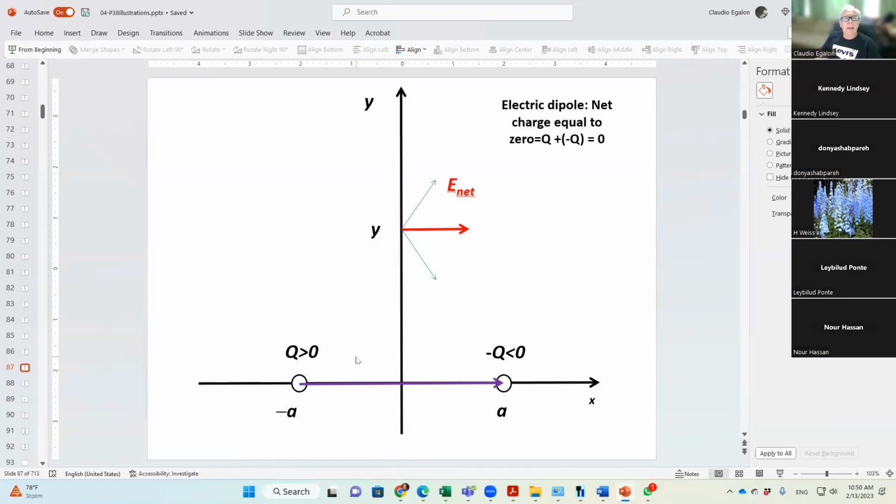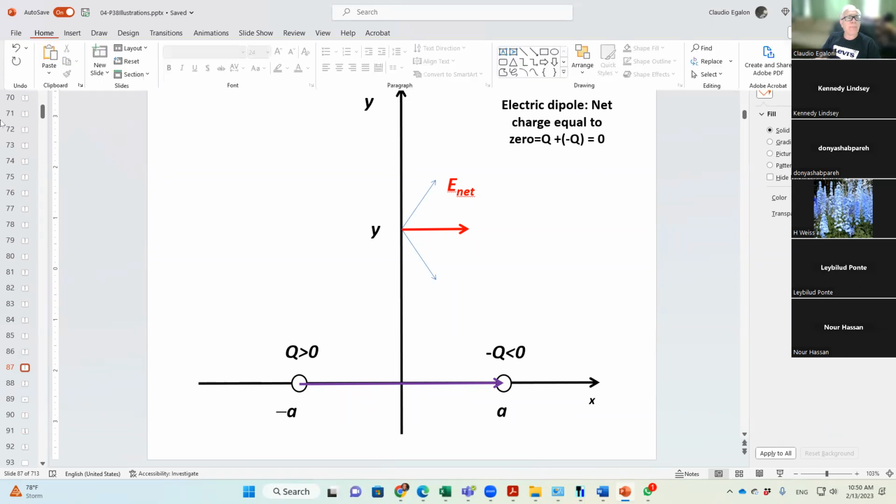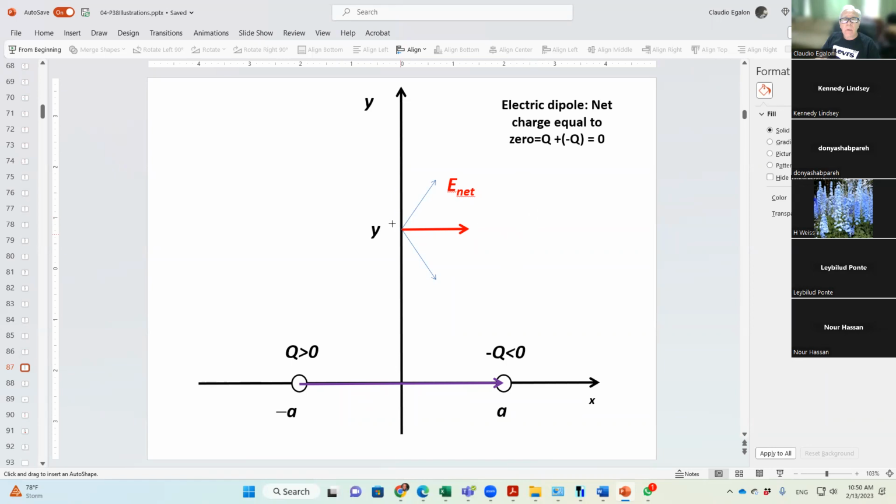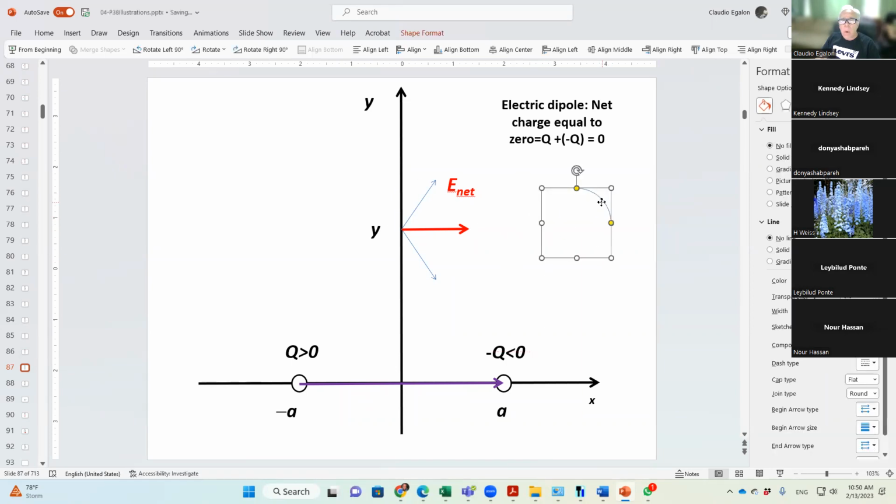Before we get into that, let's go ahead and illustrate my theta angle here. Here you go, theta.